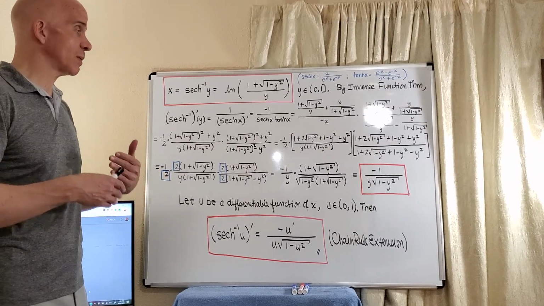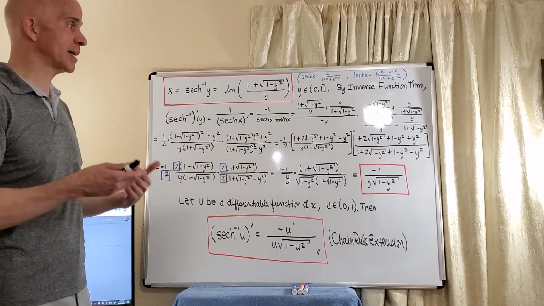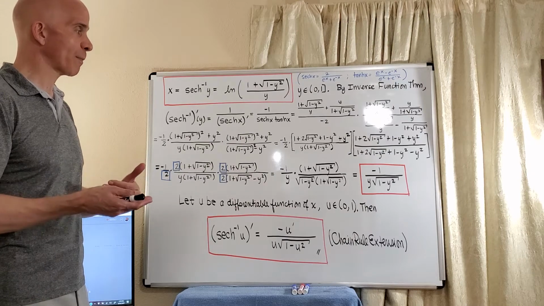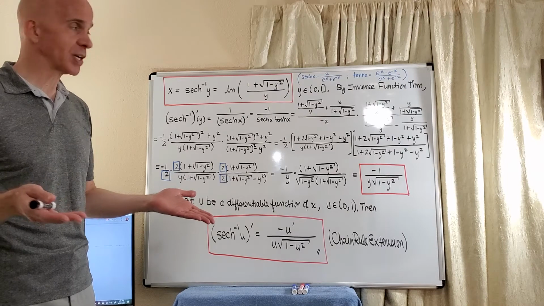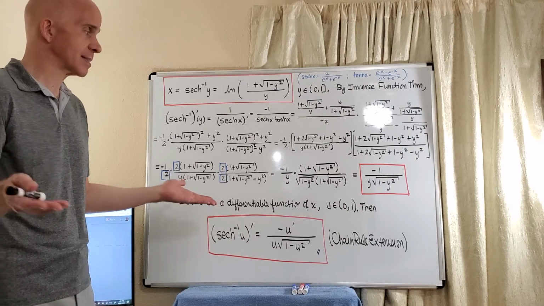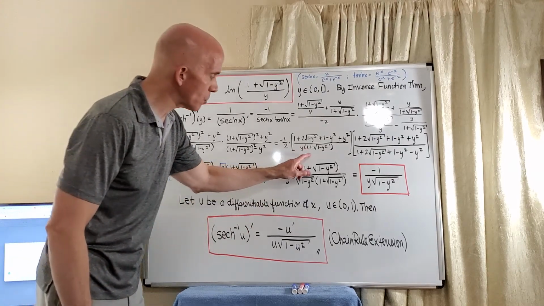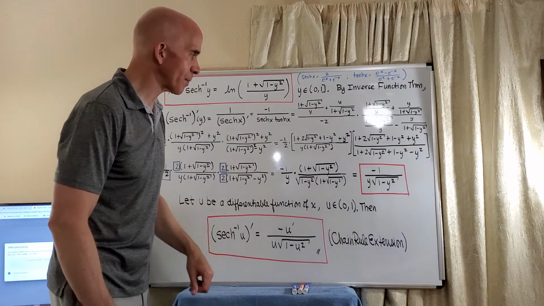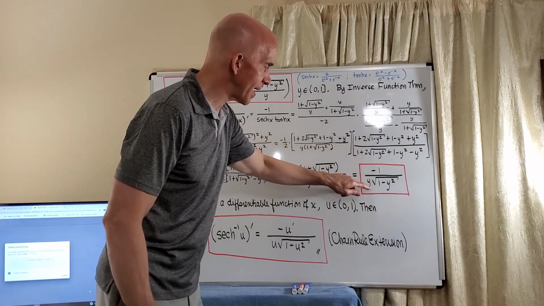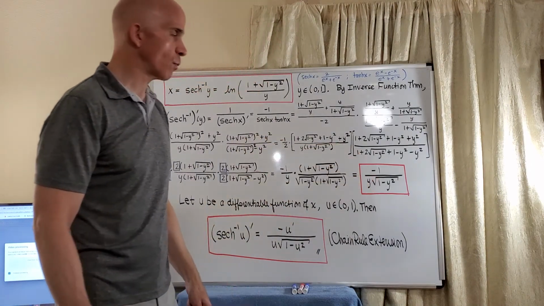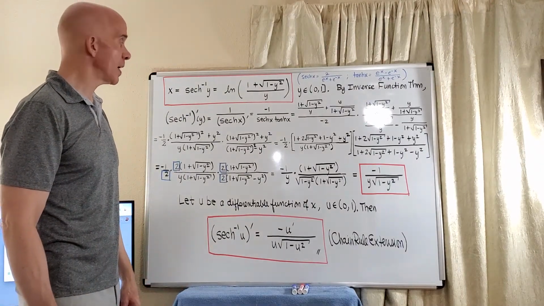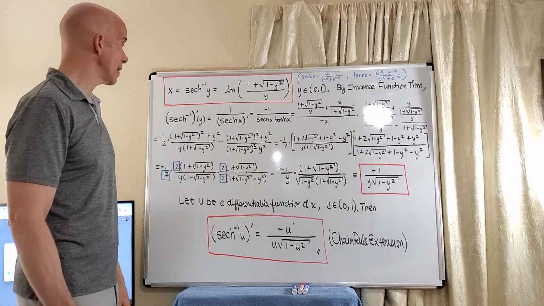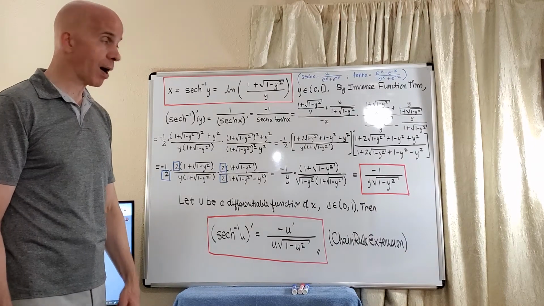That is, we see all of these similar calculations when we work with the hyperbolic functions, just like we do when we work with the standard trigonometric functions, and that's not surprising. And so now, of course, these two factors will absorb, and we're left with negative 1 divided by y times the square root of 1 minus y squared. And that, indeed, is the derivative of the inverse hyperbolic secant evaluated at y.